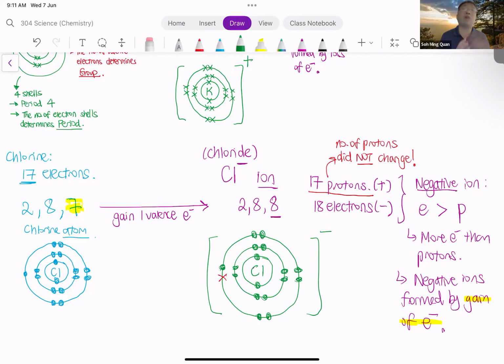Okay, so this is how positive and negative ions are formed. So we have seen positive ions, they have lost electrons, so they have fewer electrons. Negative ions are formed by gaining electrons, so they have more electrons.